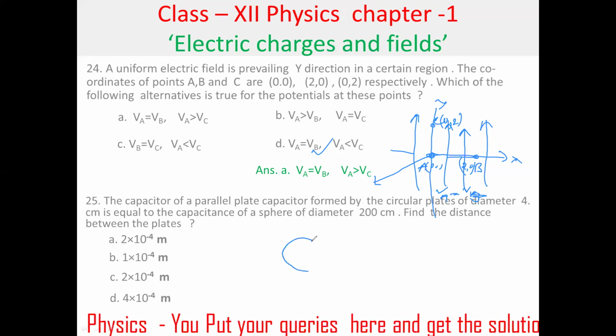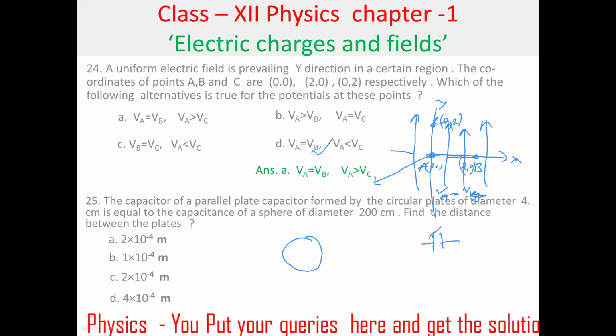Suppose this is a sphere, and a parallel plate capacitor is here too, formed by circular plates of diameter 4 cm, equal to the capacitance of the sphere.